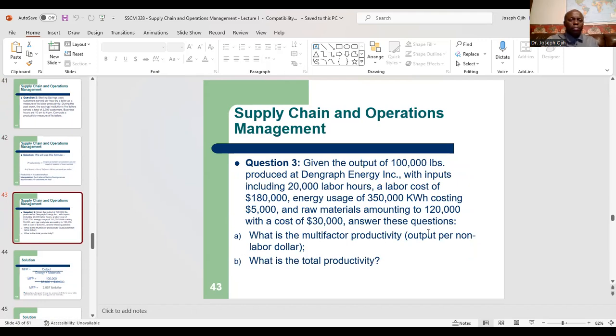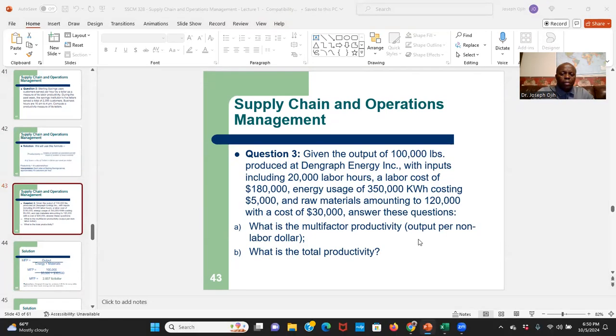It says here that, given the output of 100,000 pounds produced at Dengraph Energy Incorporated, with inputs including 20,000 labor hours, a labor cost of $480,000, energy usage of 350,000 kilowatt hours costing $5,000, and raw materials amounting to 120,000 with a cost of $30,000, answer these questions.